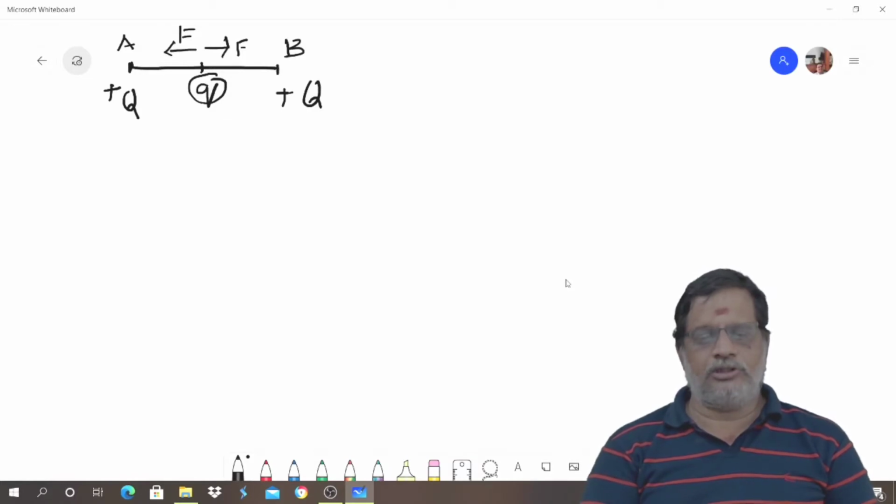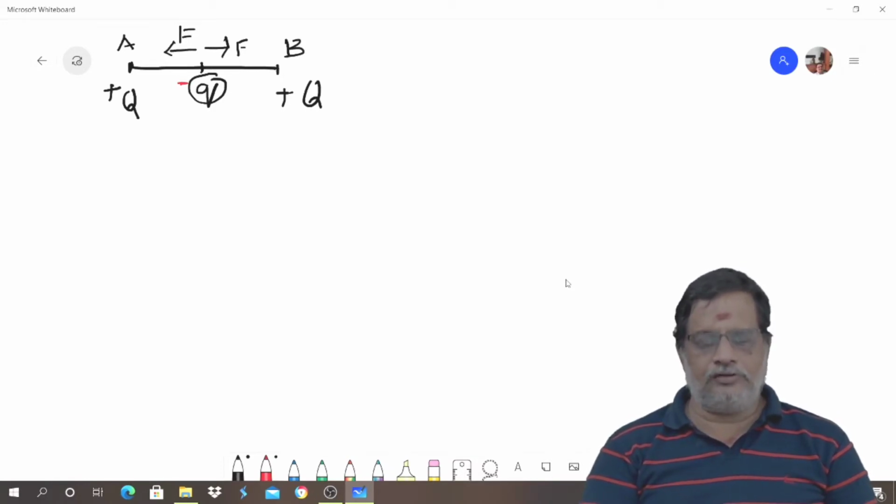The same situation will prevail if I replace these two plus Q charges with two minus Q charges. Even if the two charges placed at A and B are negative, the situation will be the same. Now if you place a charge minus q at the midpoint instead of the charge plus q, then also the situation will be the same.